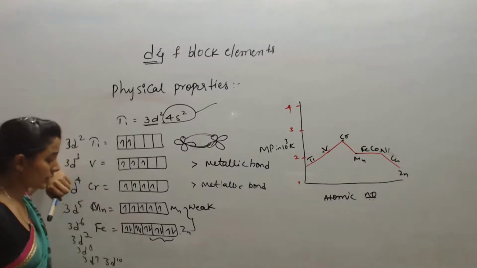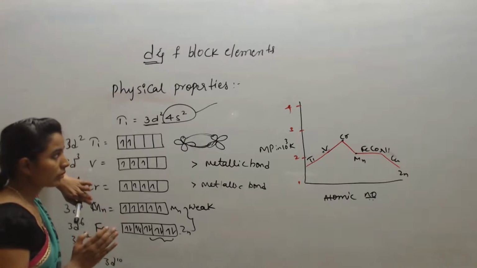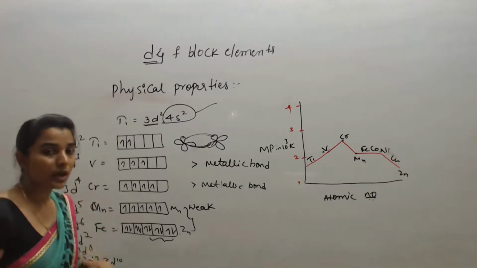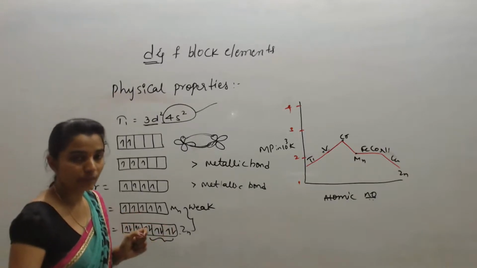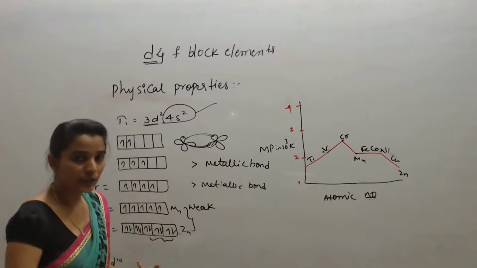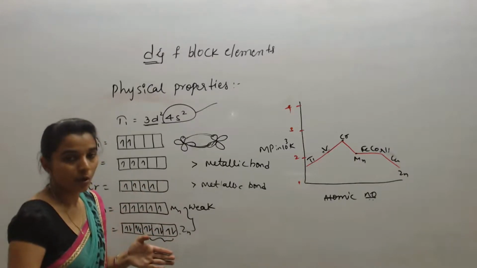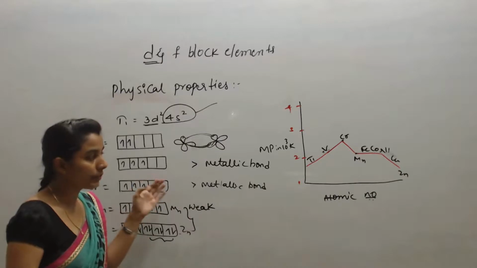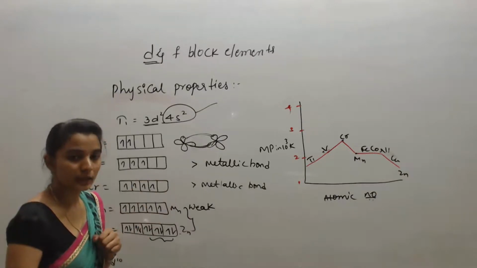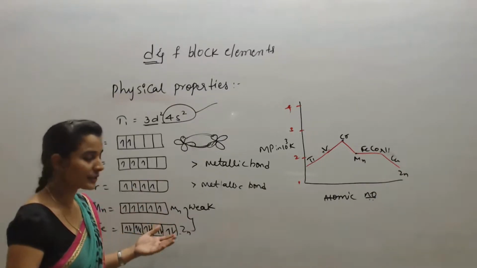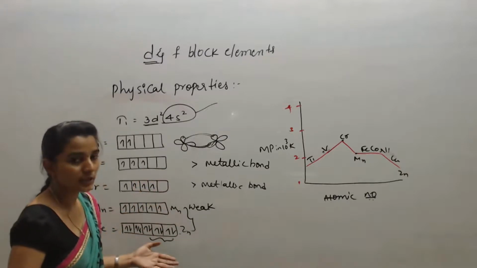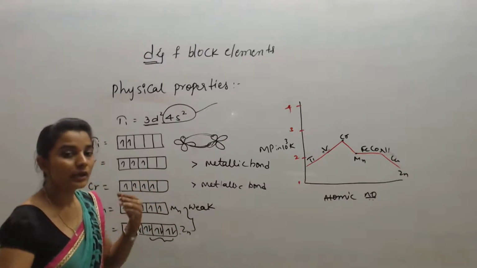Next, another thing, students. How does melting happen? By breaking the bond between them. Okay. If the number of electrons increases, to break the bond we need to break the force of attraction between the electrons. If the number of electrons increases, the energy of atomization increases.